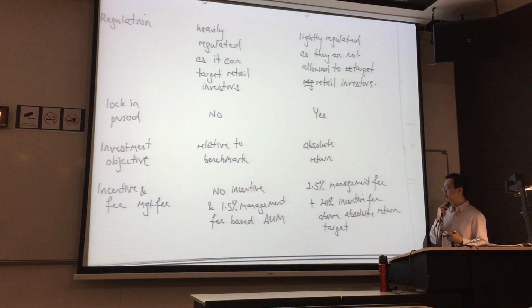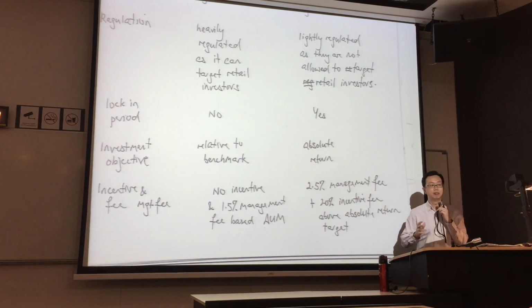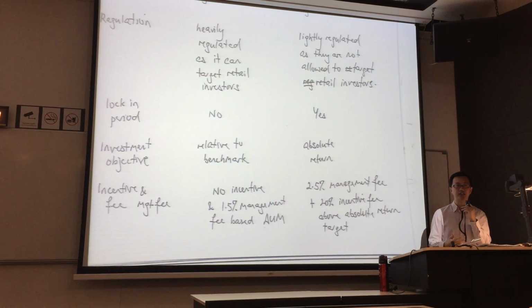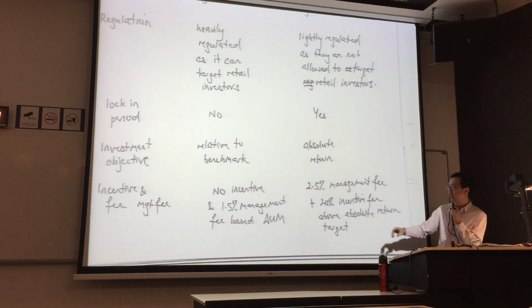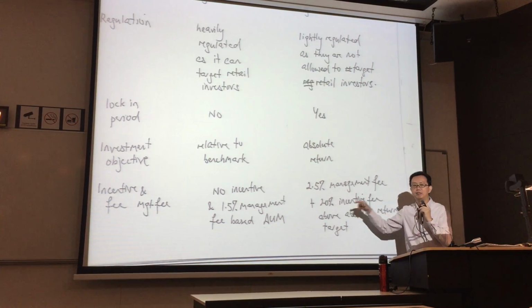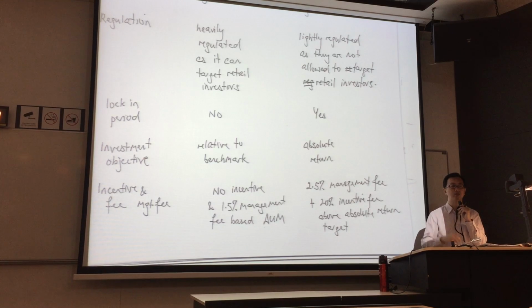So for example, the absolute return target was 10%, but for that year, the hedge fund returned 15%. So there's about 5% outperformance compared to the absolute return target. So for the 5%, the manager will pay themselves 20% of that 5%. So they pay themselves 1%.